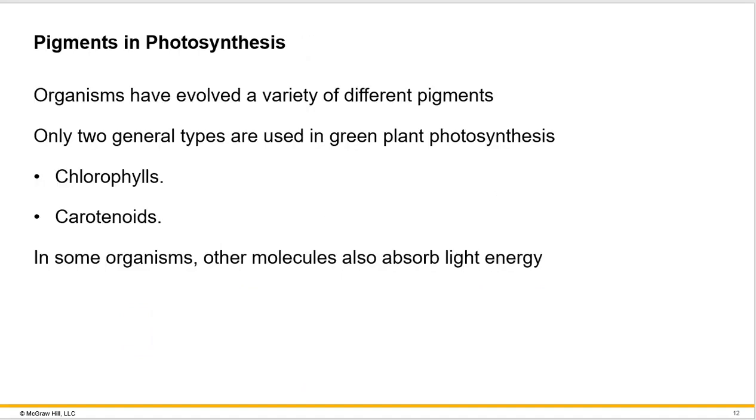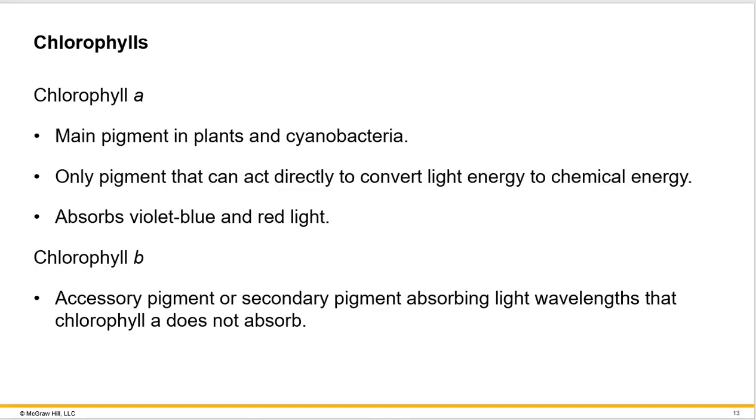There's lots of different pigments, but there are two main types, chlorophylls and carotenoids. Chlorophyll A is the main pigment in plants. It's the only pigment that can act directly to convert light energy into chemical energy. And they're big at absorbing violet, blue, and red.